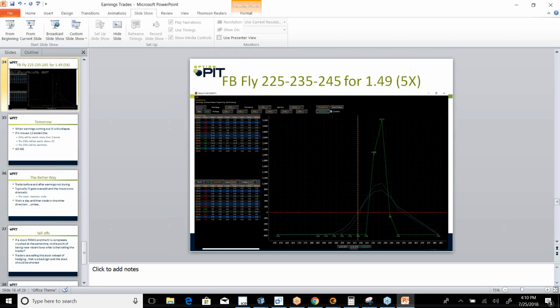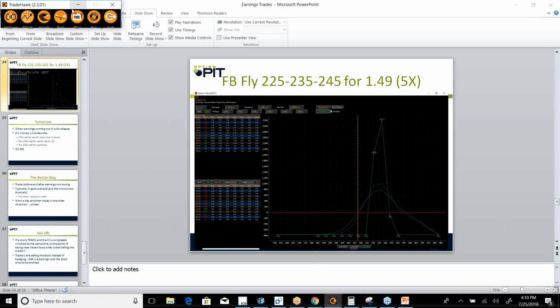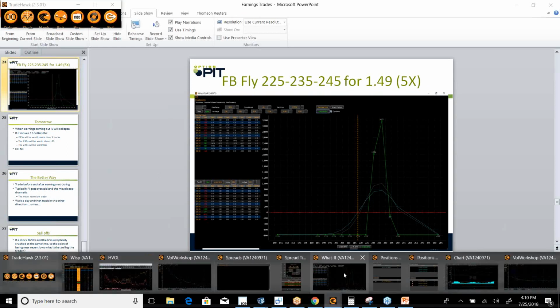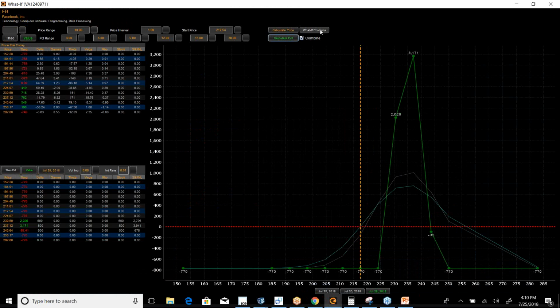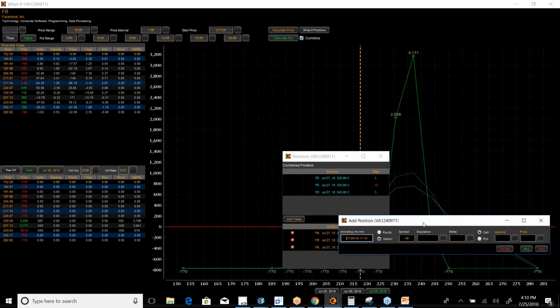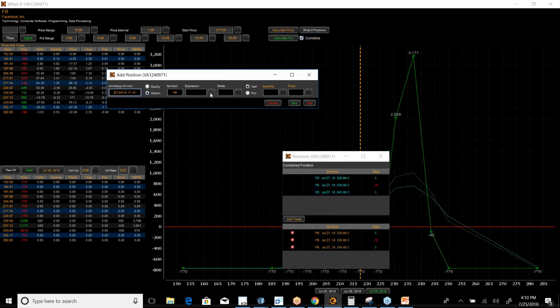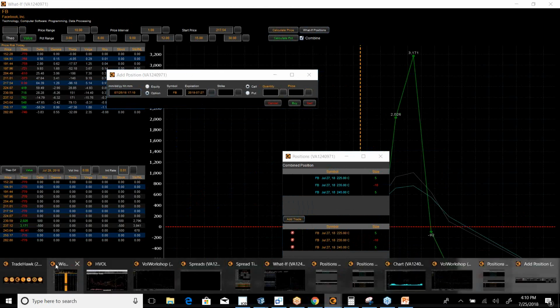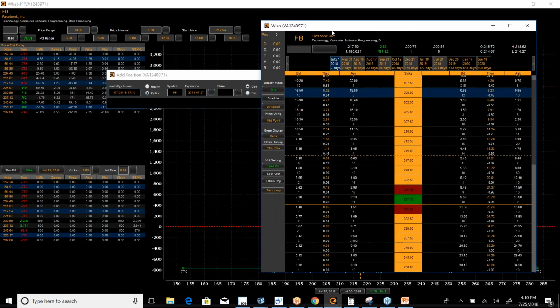So now, if I was going to set this up as a hedge, what I could do, going to my what if, I could actually add a what if position. And then I'm going to look at my WISP. This is from today.